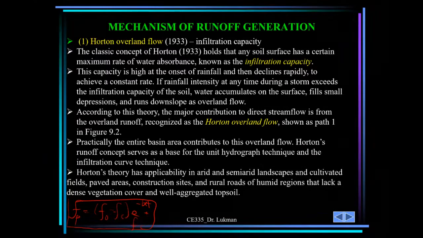This capacity is high at the onset of rainfall, which is F0, the initial infiltration capacity, and then declines rapidly to achieve a constant rate. If you remember our plot, we have something like this over time. This is the infiltration capacity. Initially it starts at a high rate, and then over time it decreases to a constant rate, which is Fc.